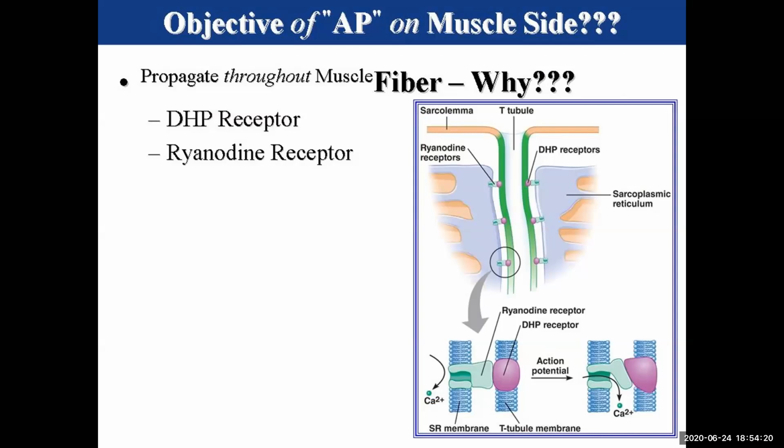Now, when that action potential is spreading on the sarcolemma, it goes into the T-tubule here, and there are two transmembrane proteins. They are critical. On the membrane, the sarcolemma region that we call T-tubule, it contains the DHP receptor.